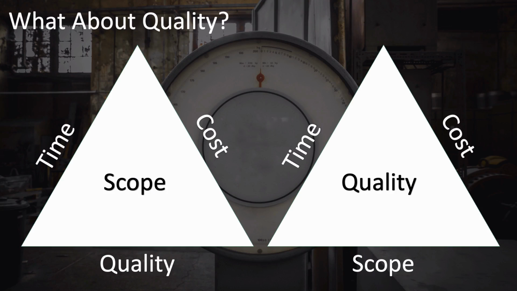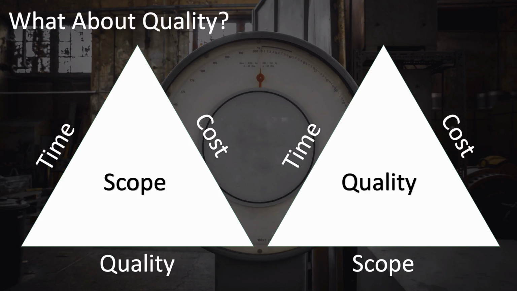And that also fits with reality. However, it doesn't work when you start changing the quality edge. If you reduce the quality, it reduces the scope inside the triangle. And that's actually the opposite of reality. Because generally speaking, the more scope you try to tackle, the lower the quality.